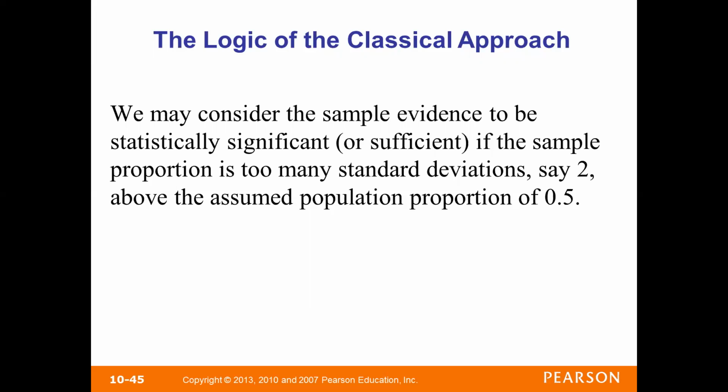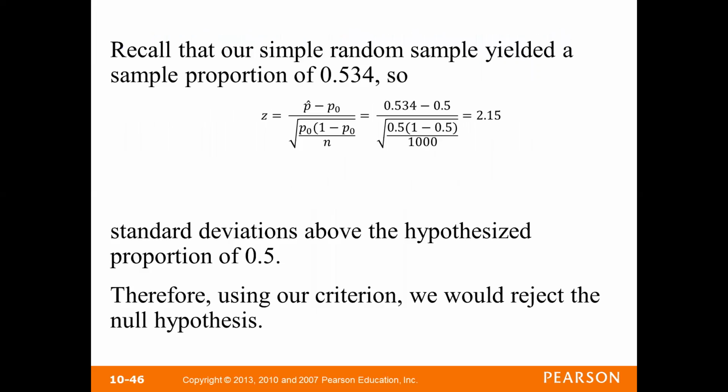If we're more than 2 standard deviations away from the mean, then we would say that it is unlikely that we would have observed this by chance. So our assumption about the proportion being 50% is most likely incorrect.